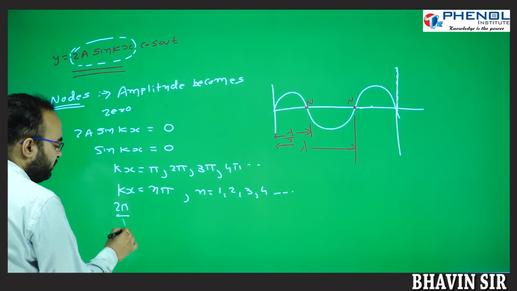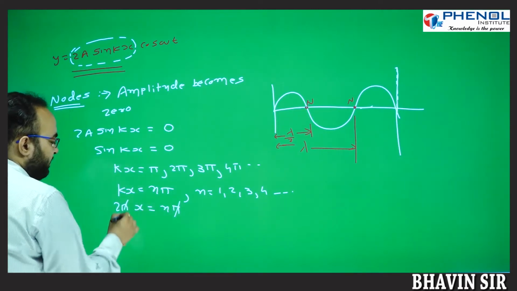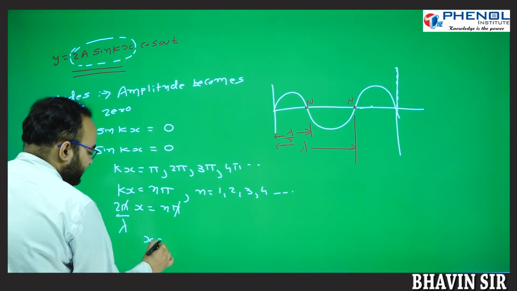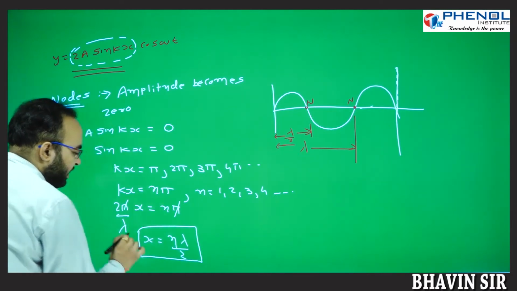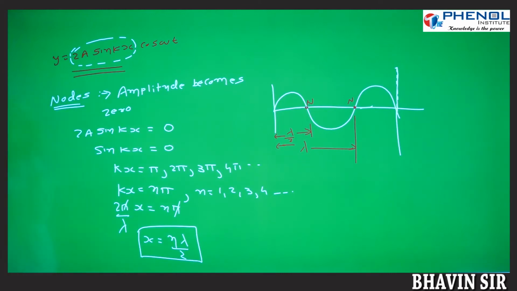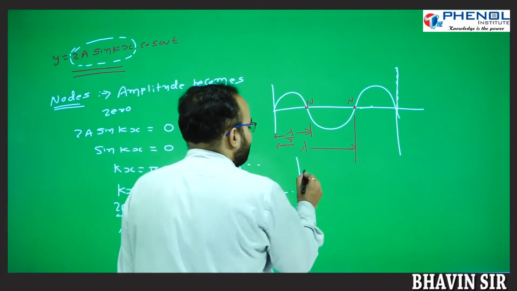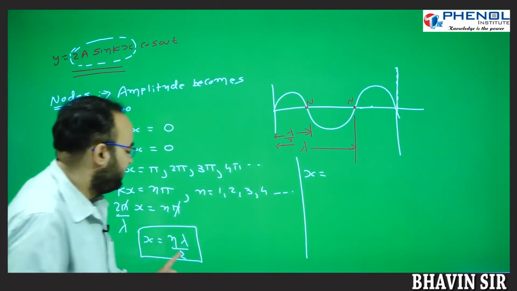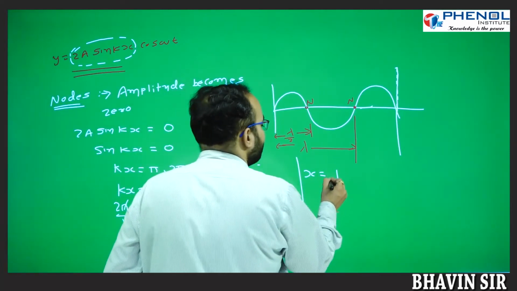So k is 2 pi by lambda, so pi pi cancel, so x is equal to n lambda by 2. Okay, x is equal to what? n lambda by 2. So students, when we place n equal to 1, we get lambda by 2.